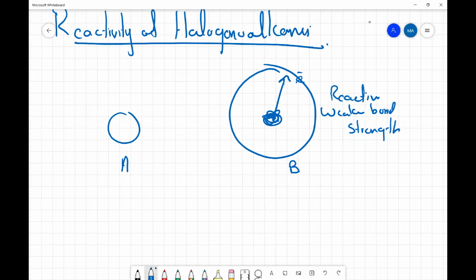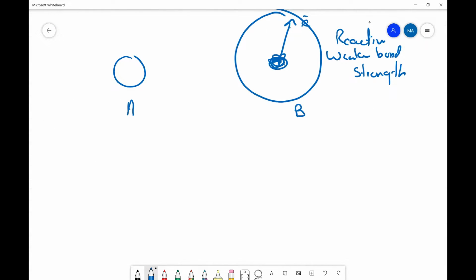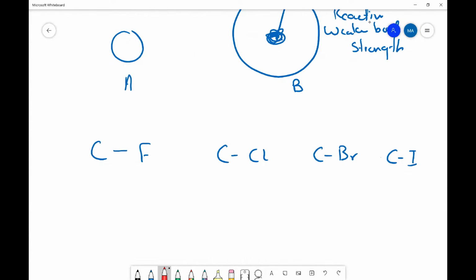If you look at the halogens, the group 7 elements now, if let's say the carbon is bonded to a fluorine or a chlorine or a bromine or an iodine, the bond strengths for all of these bonds will be different. A carbon with fluorine will have the strongest bond. Why?